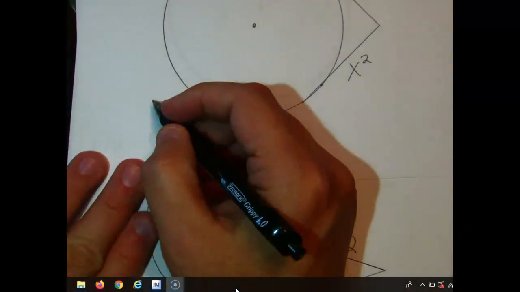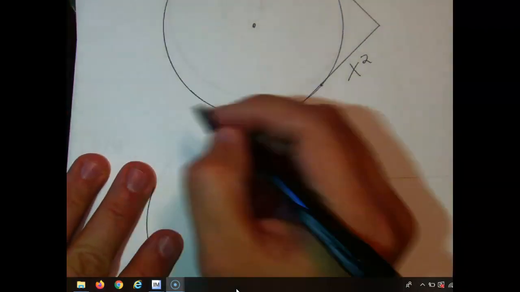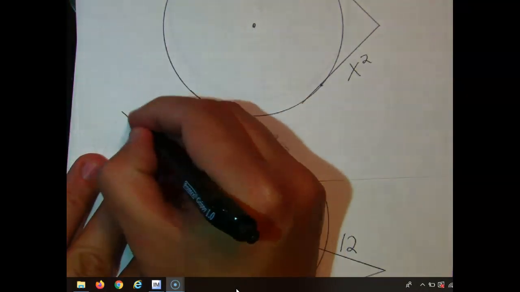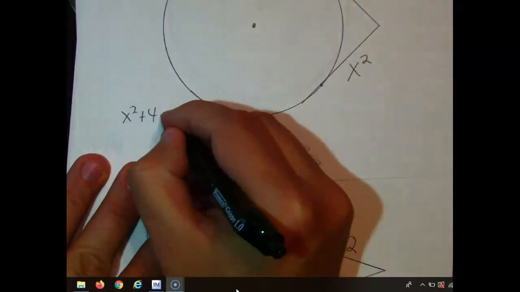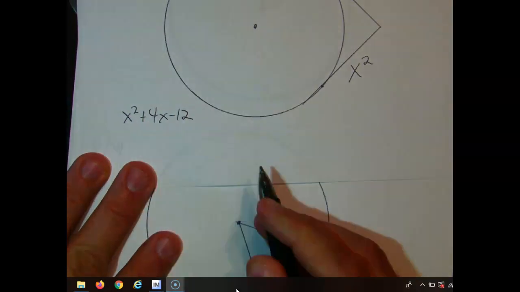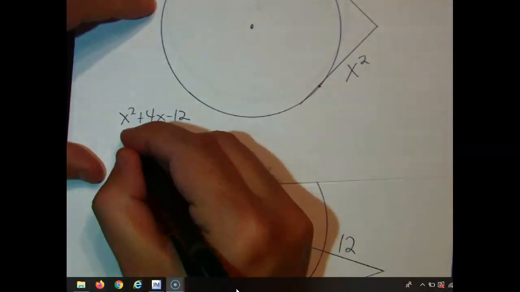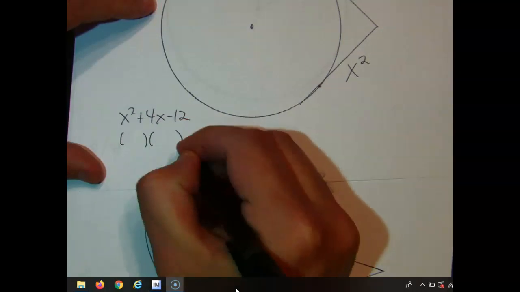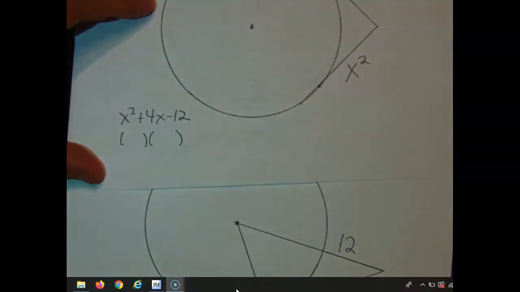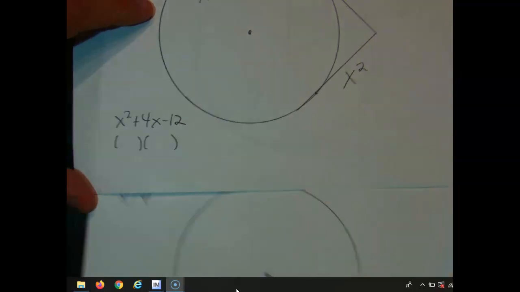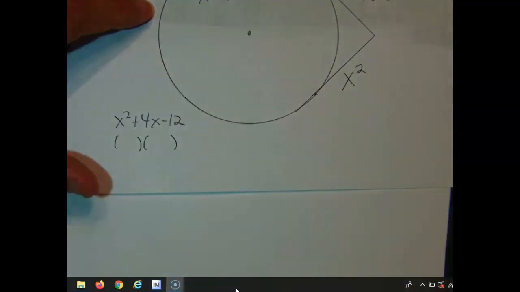Let's say that we have x squared plus 4x minus 12, and we want to factor this. What we're doing is reverse FOIL: reverse first, outside, inside, last.